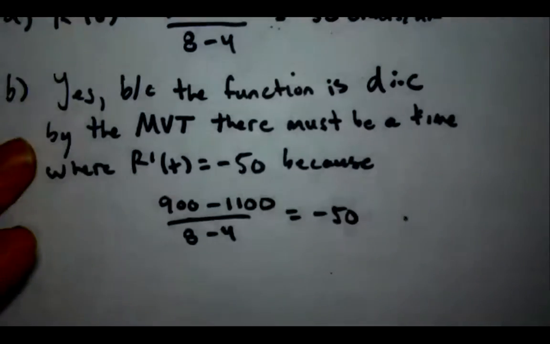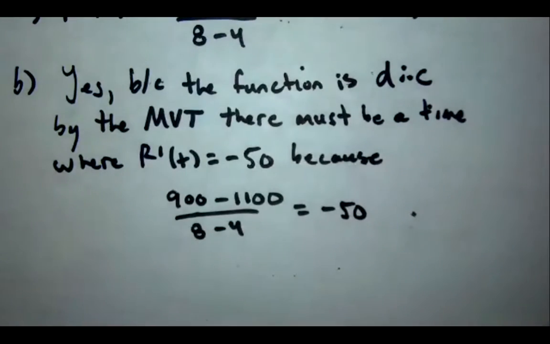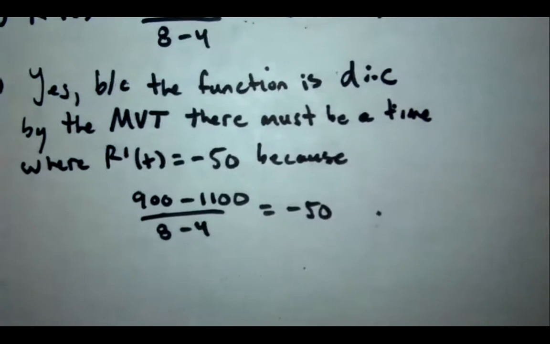Okay, yes, because the function is differentiable and therefore continuous, by the mean value theorem, there must be a time where r prime of t is negative 50 because, and we show the slopes. Now, that's easy enough to copy down. Let's also make sure you understand what it's saying, though.